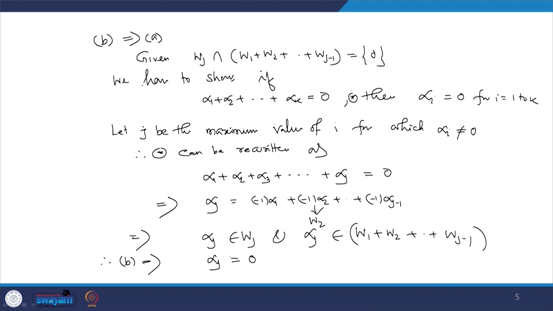So, we see that alpha j equal to 0. Since alpha j equal to 0, then again from this expression I will have alpha 1 plus alpha 2 plus ... alpha j minus 1 equal to 0, and use the same principles, repeat it and show that each alpha I equal to 0 for I equal to 1 to k. So, we will have alpha 1 plus alpha 2 plus ... alpha j minus 1 equal to 0.